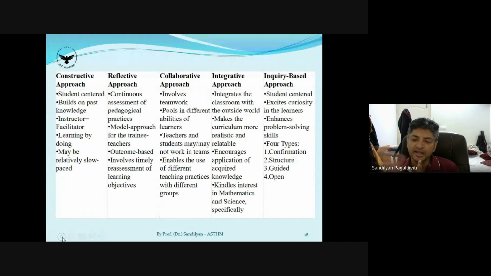Another is structured, where they form a structure to achieve the inquiry. A third is guided, where the teacher or facilitator guides the students in the direction. And another is open inquiry, where the outcome is not known, so the students work freely, with an open mind, to get the outcomes. Next slide.